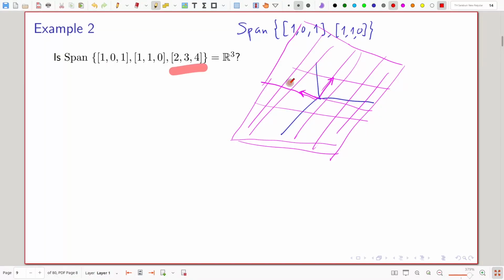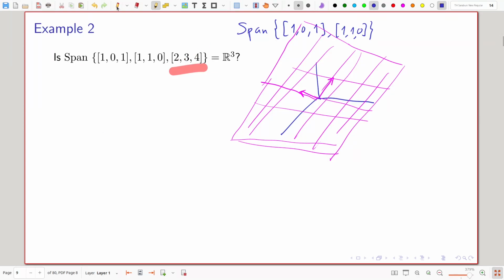If you already have a span and you add another vector, can that give you a different set of linear combinations? You won't, right? Because that vector belongs to the plane, so it's already a linear combination of the first two vectors. Okay? So suppose, let's forget about this guy for a minute.